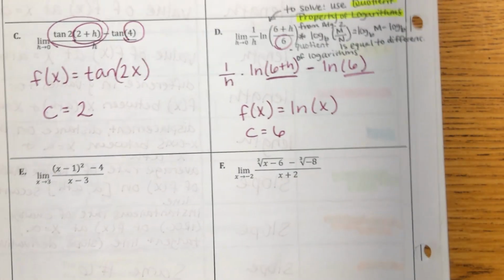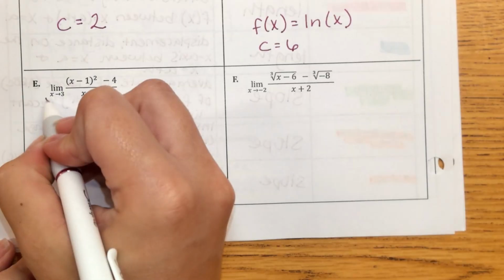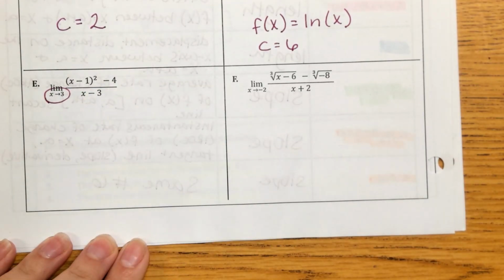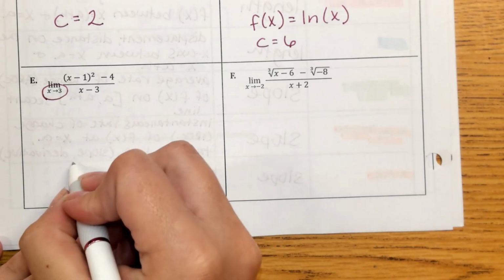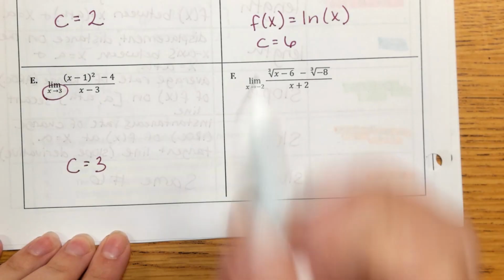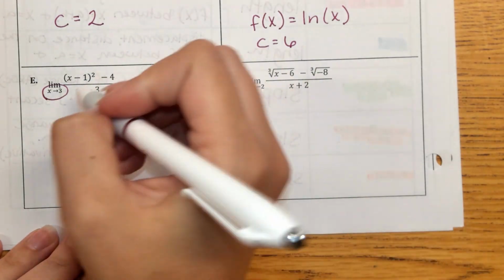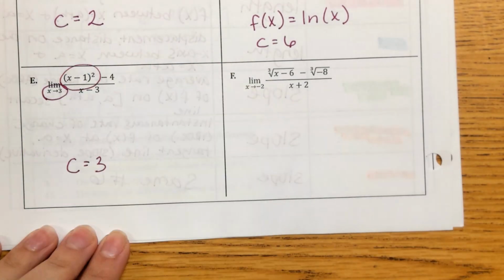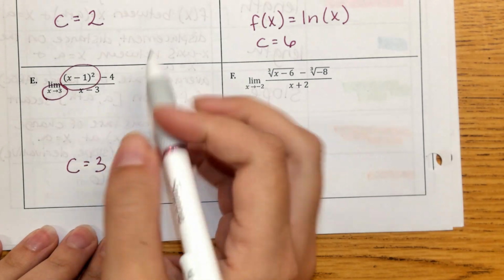Okay, the last two, E and F, we did our alternative form. This one's way easier to identify because it's labeled for you already. So our value for x is what? 3. Okay? And then our f of x was already written for us again here.